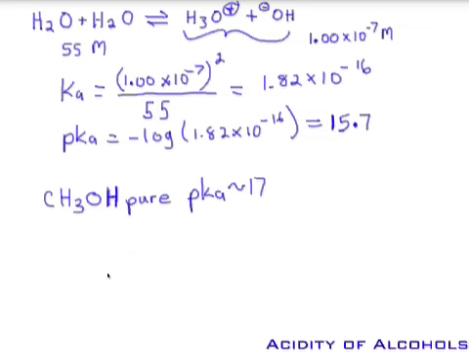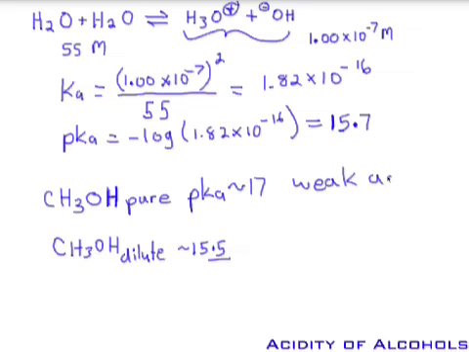When you dissolve methanol in water and it's dilute, you get similar pKa's to that of water because it's primarily in water and the hydrogen bonding effect and behavior takes place in water. In water it's around 15.5, which is experimentally very close to that of just water. The point is, water and alcohol are weak acids.